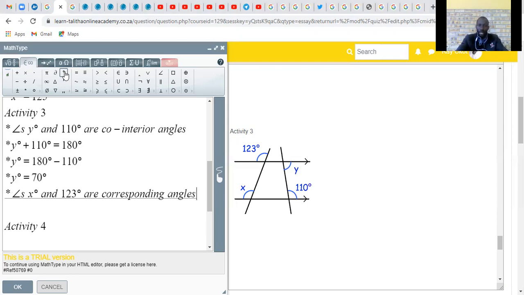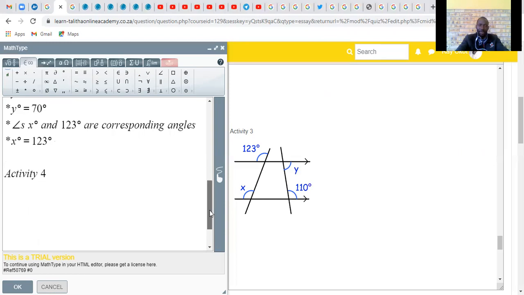Yes, they are corresponding angles. And what that means is that corresponding angles, by definition, have the same value. Well, that means then that x in degrees must be equal to 123 in degrees. That is how we would find the value of x.